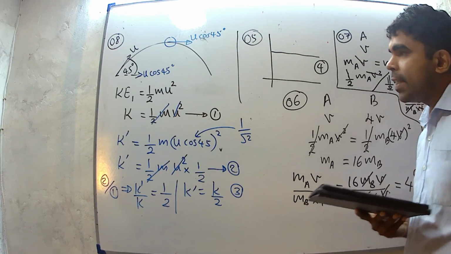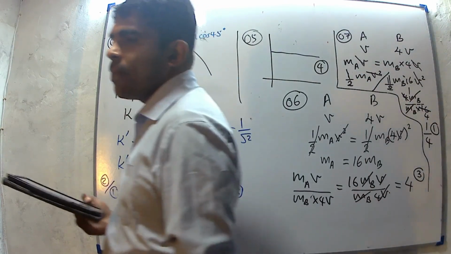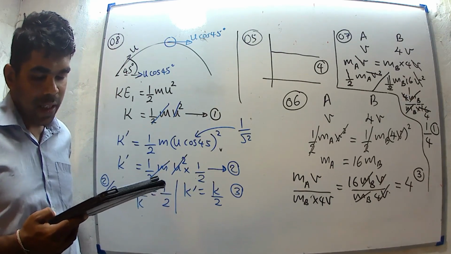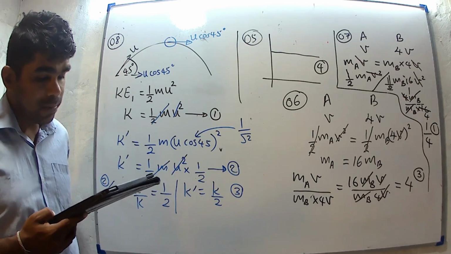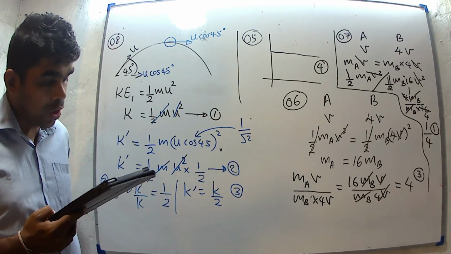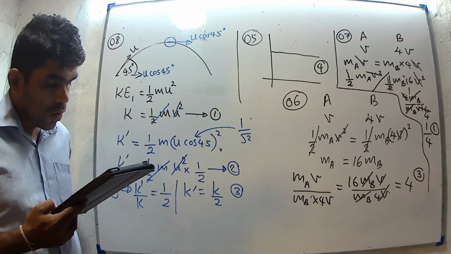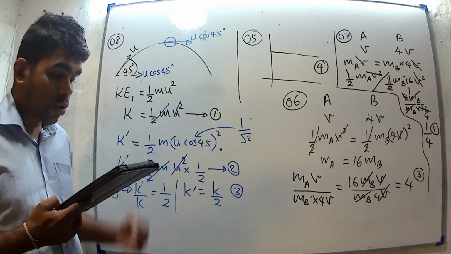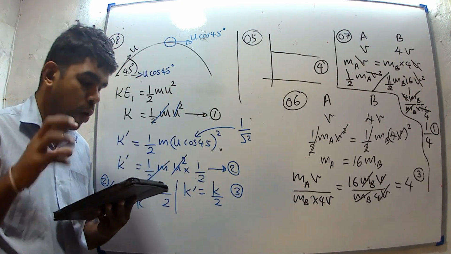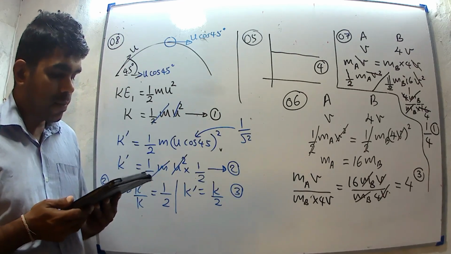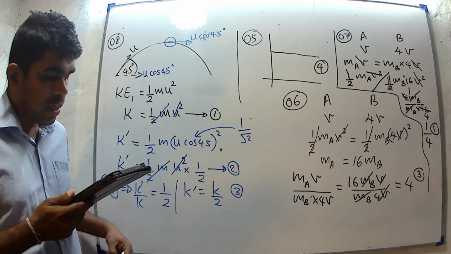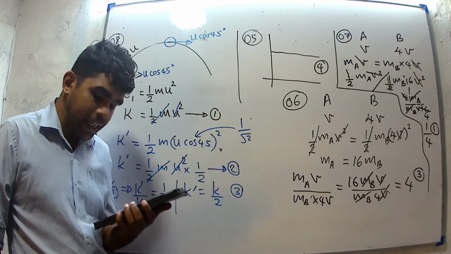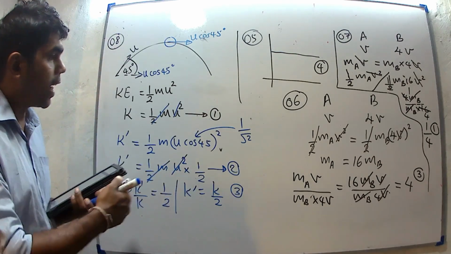Because we know that kinetic energy is half mv squared, but there will be a different momentum. According to question number 6, we have discussed there is a constant kinetic energy for both particles, but momentum is different. We have obtained a different momentum for objects A and B. Then A is incorrect.